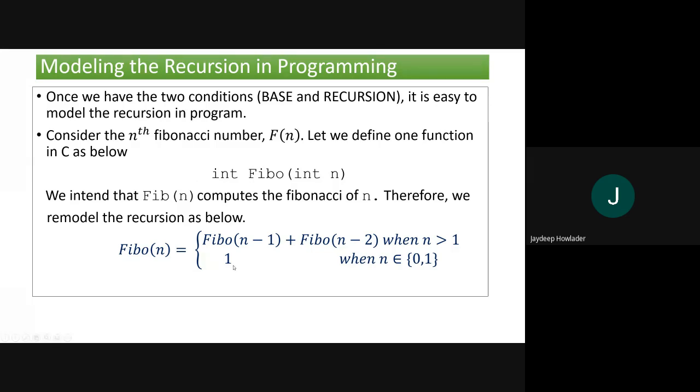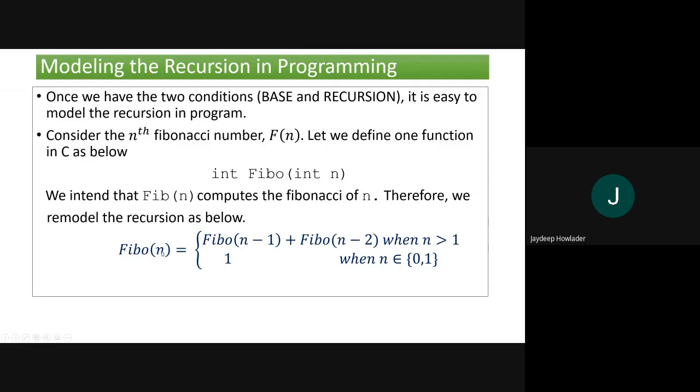Okay. So now, if we want to implement this in the C programming language, then I have to design a function which will return an integer, and which takes the argument n. So n is the left hand side of this definition.